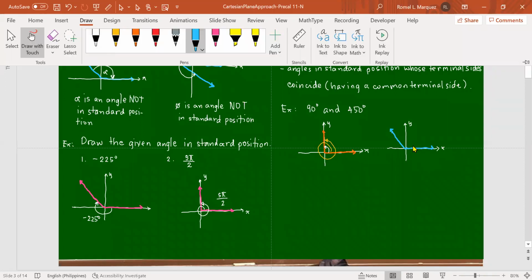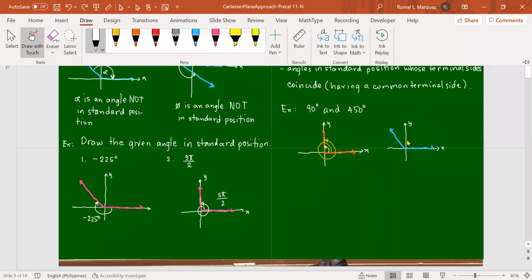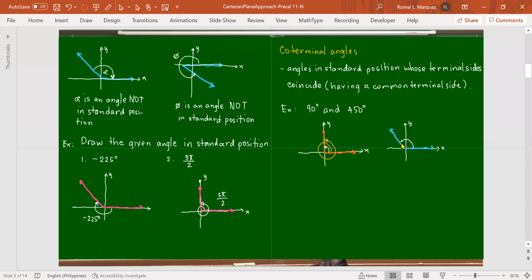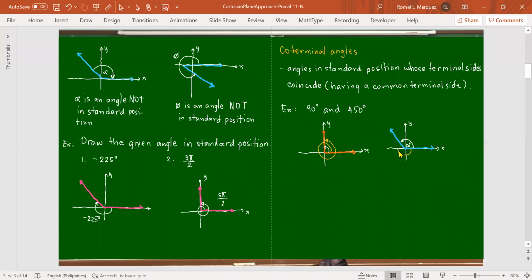Let's say I have this as my alpha and another one, this one. Let's call that beta.